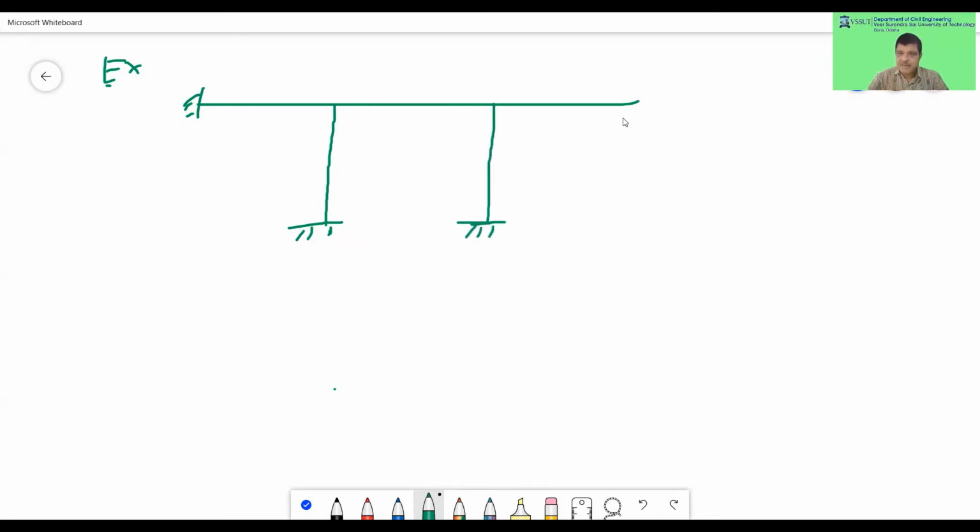And there is a roller support. And the values are given, this is I. This is 2I. So different moments of inertia are also given. I, 2I. This is 2I. And these all are I.